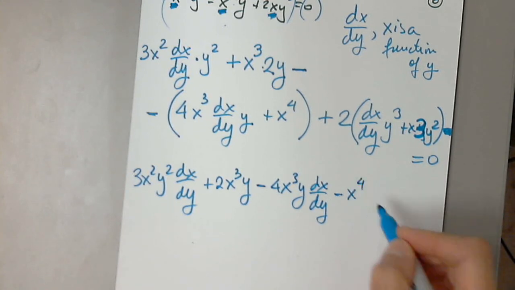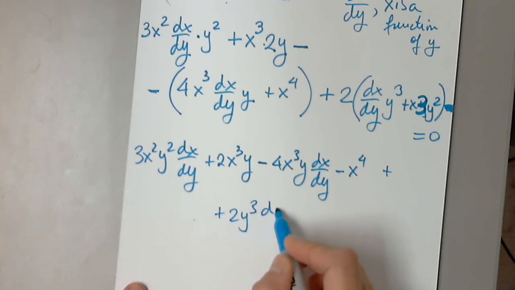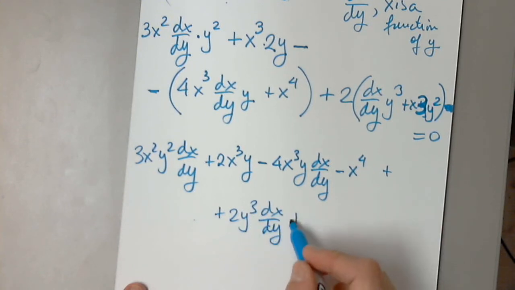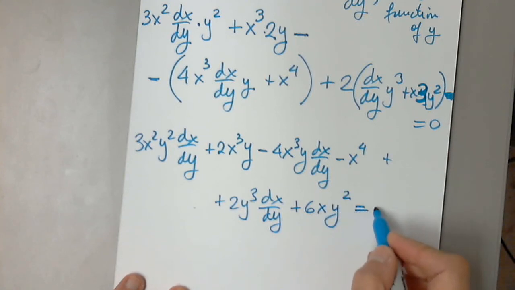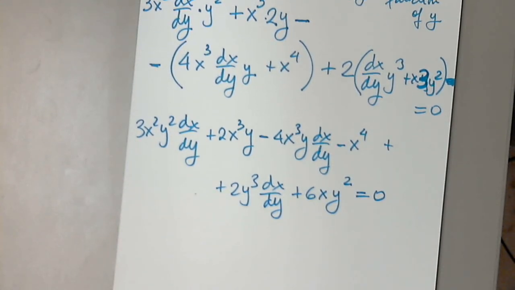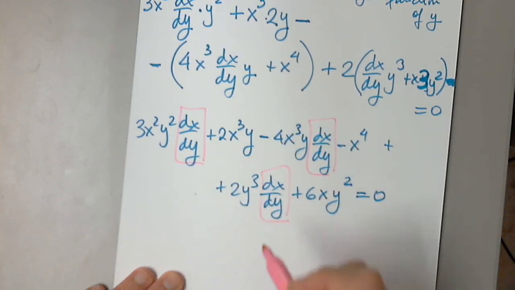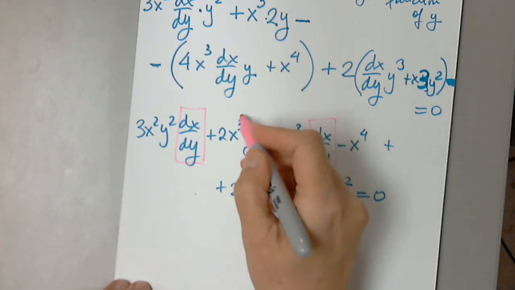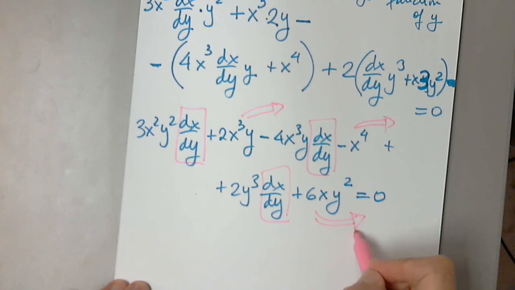And minus x to the fourth plus 2y cubed dx over dy plus 6xy squared equals 0. The variable is this. All the terms having this quantity have to stay on one side. This will go to the other side, and this will go to the other side.